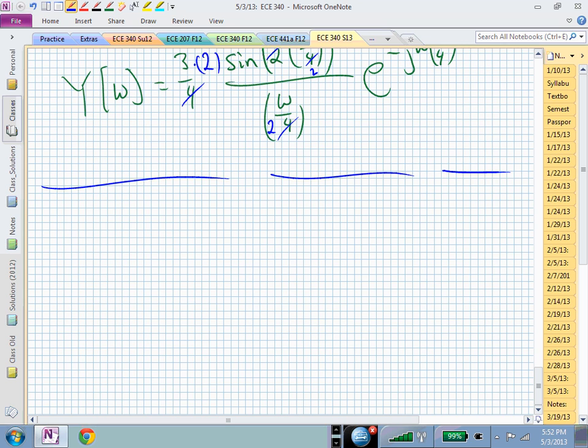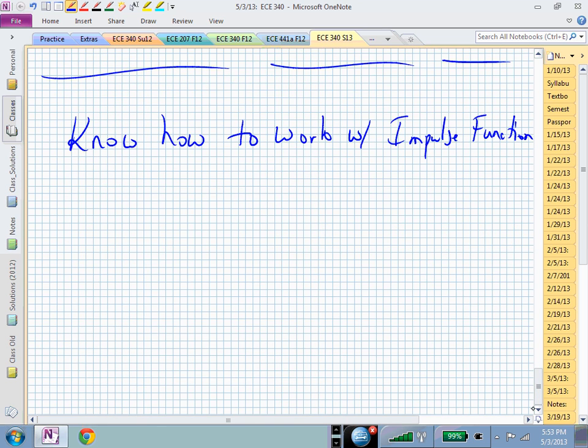Now you also need to know how to work with the sinc or with the impulse, or these sifting properties.